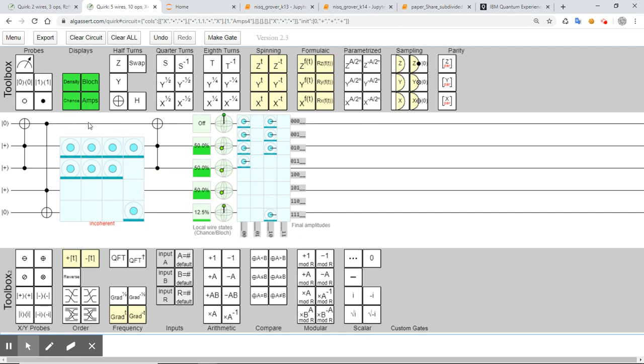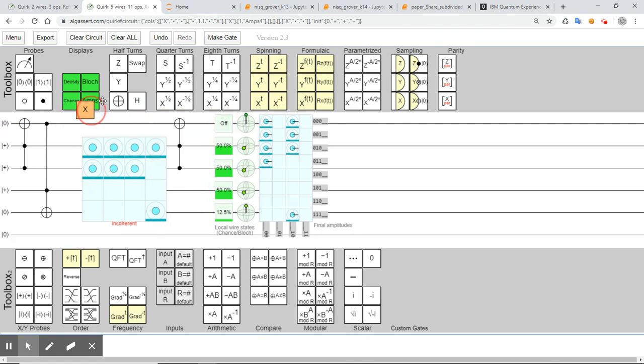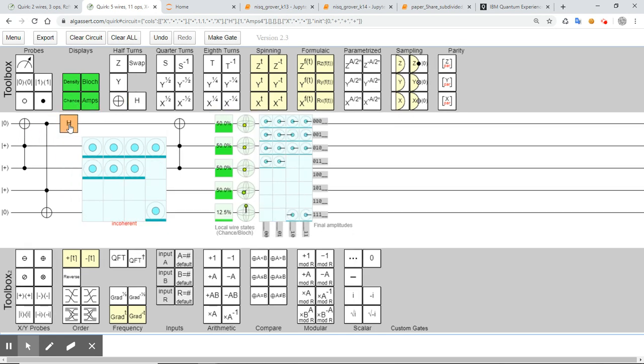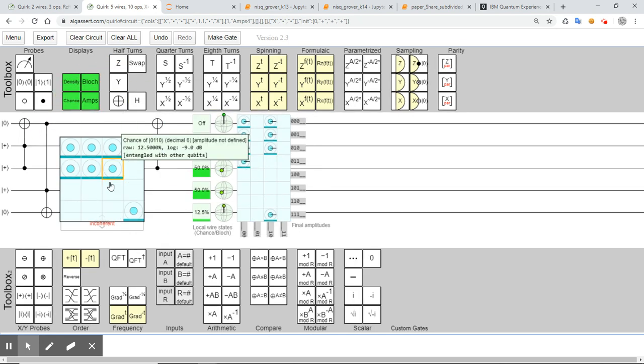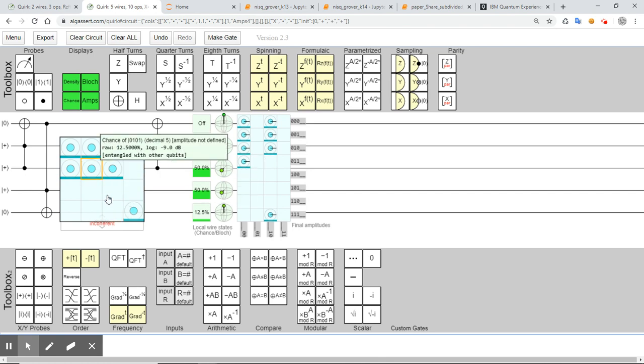So if I would now do something with the ancilla qubit, what can I do? That's incoherent, so it's entangled. So you want to uncompute that to probably avoid undesired effects.